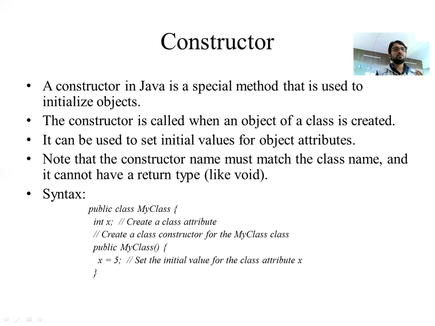We use it like a function with the same name as the class. In that, you can also pass a parameter, or you can initialize in the body. So we have initialized the value in MyClass with x equal to 5. It sets the initial value for the class attribute x as 5.